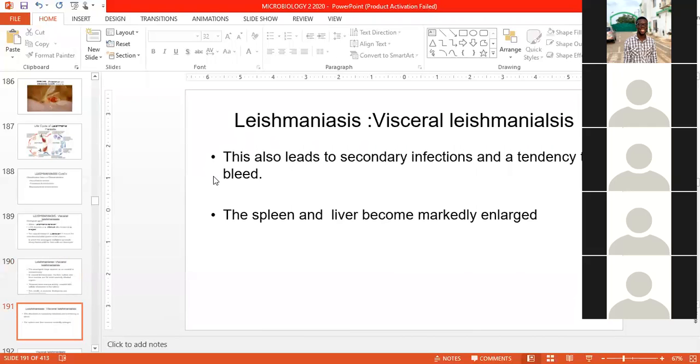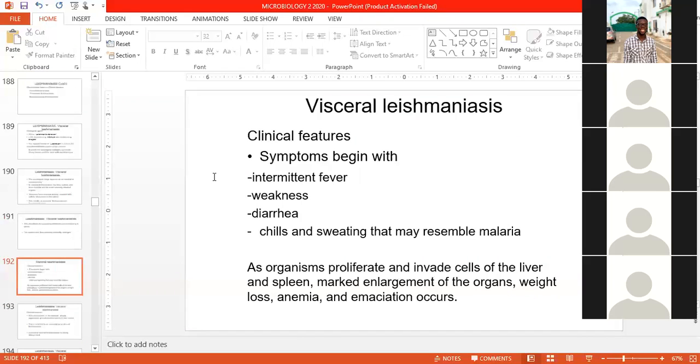So if the platelets are in smaller concentration, you are predisposed to bleeding, right? As I've said, the spleen and the liver are markedly enlarged. So you'll be seeing hepatomegaly and then splenomegaly as a complication. Am I right? You are right, madam.